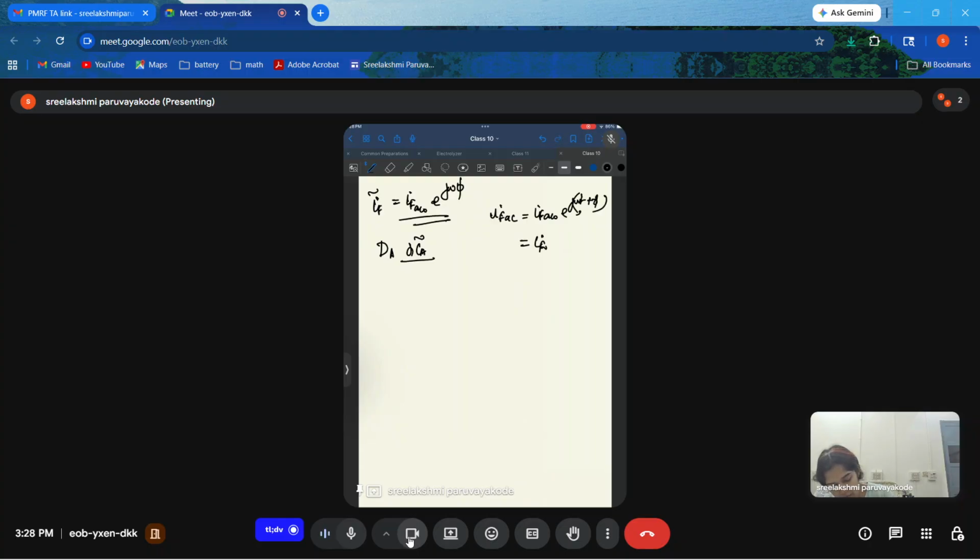I'm just writing IF AC naught e raised to j phi e raised to j omega t. This one is del IF then e to the power j omega t. So this is how this equation is coming. So now I'm continuing it.